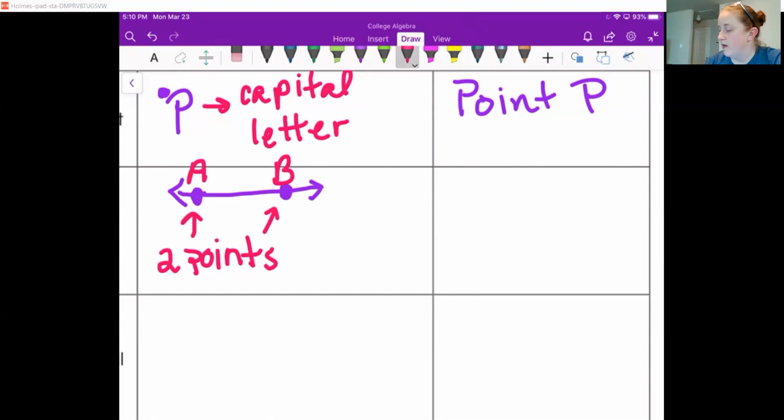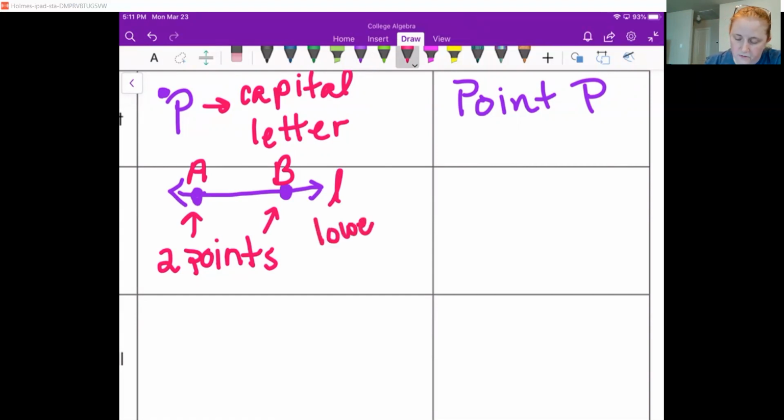Okay, the other option we have to make a line is going to be a lowercase letter out by one of those arrows. It does not matter which arrow. So I've got space over on the right, so I'm going to put my letter over on the right. Now, this one is in cursive. This is a cursive lowercase l. All right.